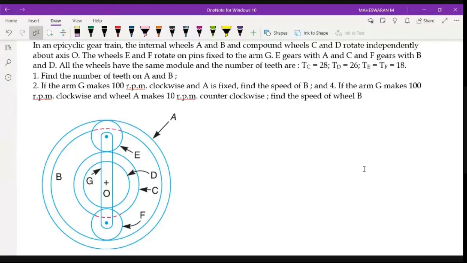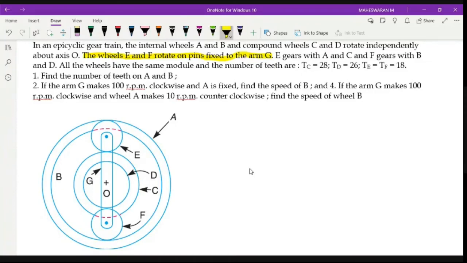It is mentioned: the wheels E and F rotate on pins fixed to the arm G. So it means they are rotating together. This statement indicates that it's a compound gear. Both rotate at the same time, which means it is a compound gear.